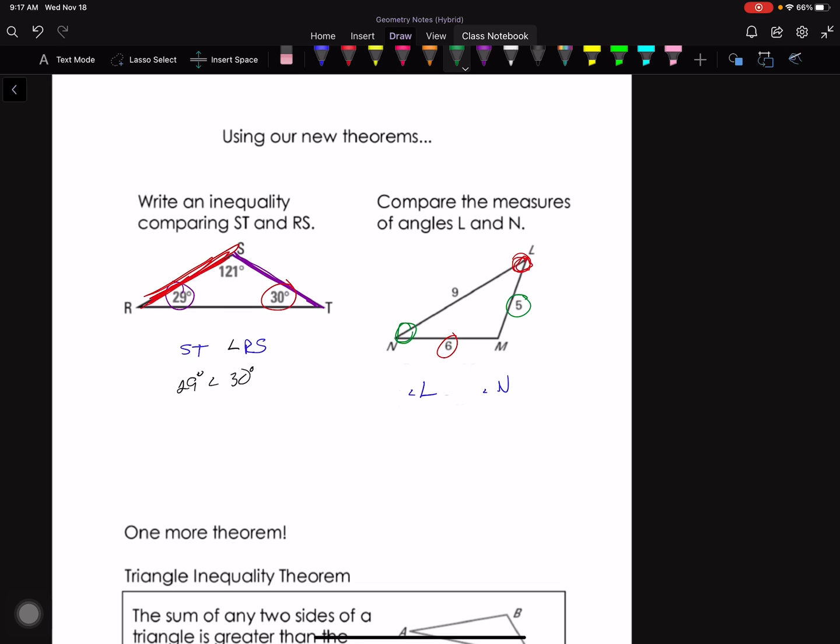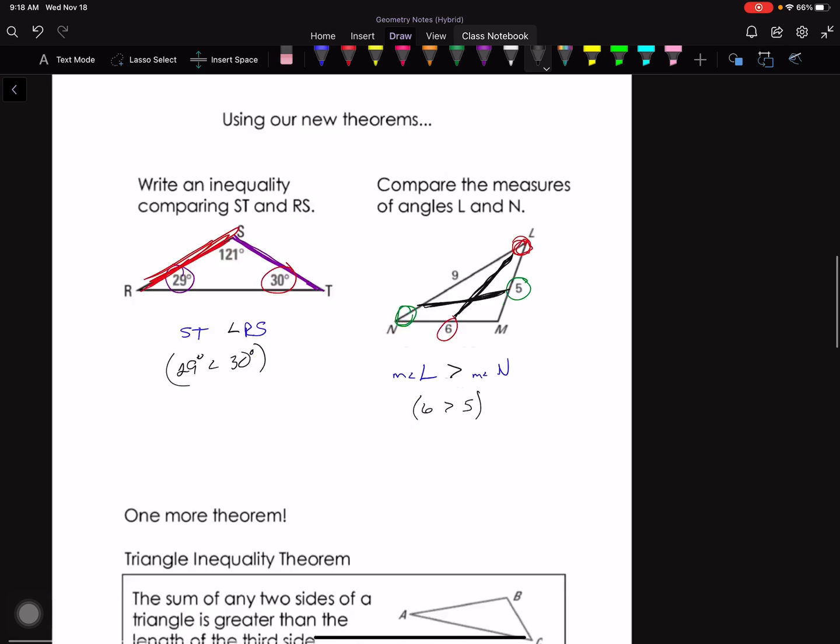So we could say that the measure of angle L is going to be greater than the measure of angle N, because the side length 6 is greater than 5. Just a little note for you. Okay, so if the side's longer, then the opposite angle is bigger. See how these are opposite of each other, and then how these are opposite of each other. So they kind of are in relation like that.